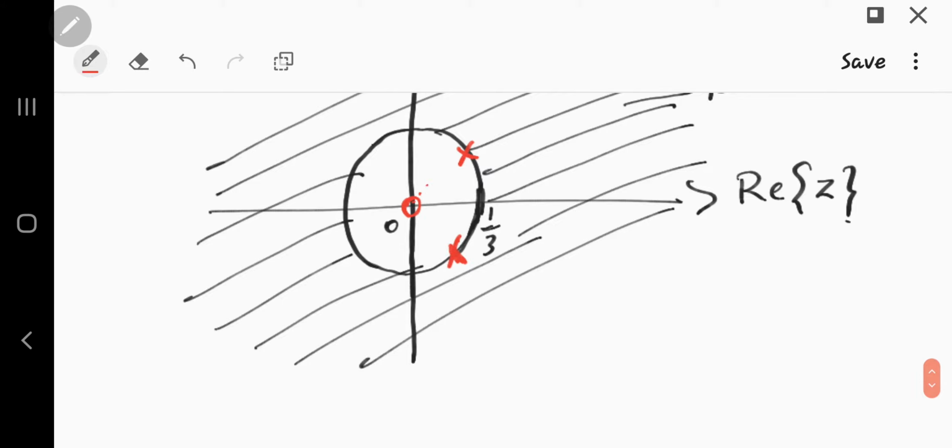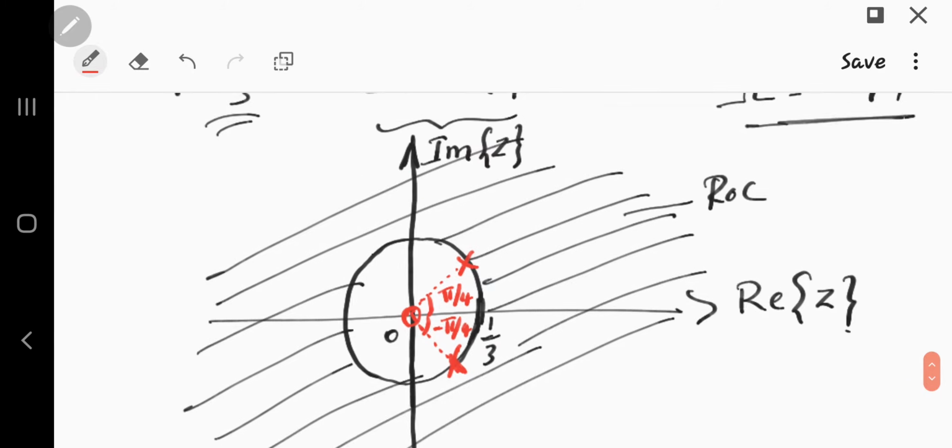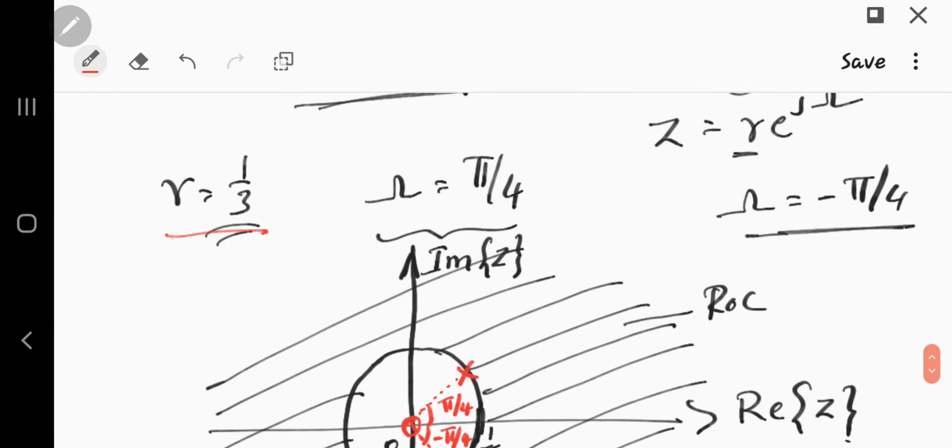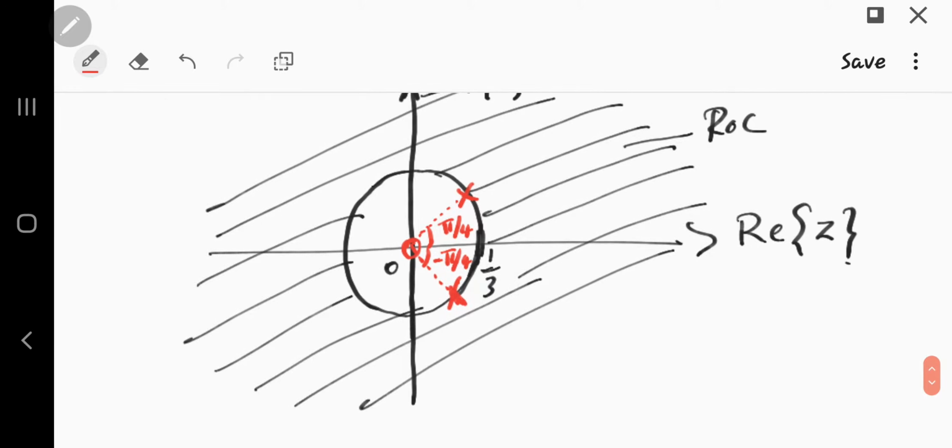Now you can join them or show them with a dotted line. This is minus pi by 4 and this one is plus pi by 4. These are located at r equal to 1 by 3. One is at an angle plus pi by 4, another at an angle minus pi by 4. These are poles, and this one is the zero.